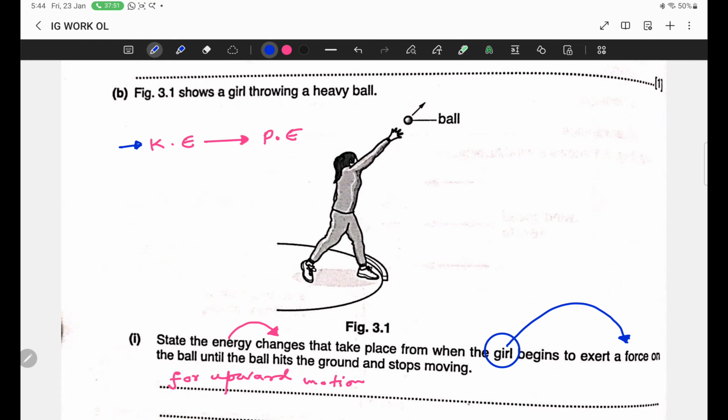Which energy is already in this girl, which is converting into kinetic energy for the throw? In the marking scheme they started from the girl's energy, so can you tell me which kind of energy our human body possesses?